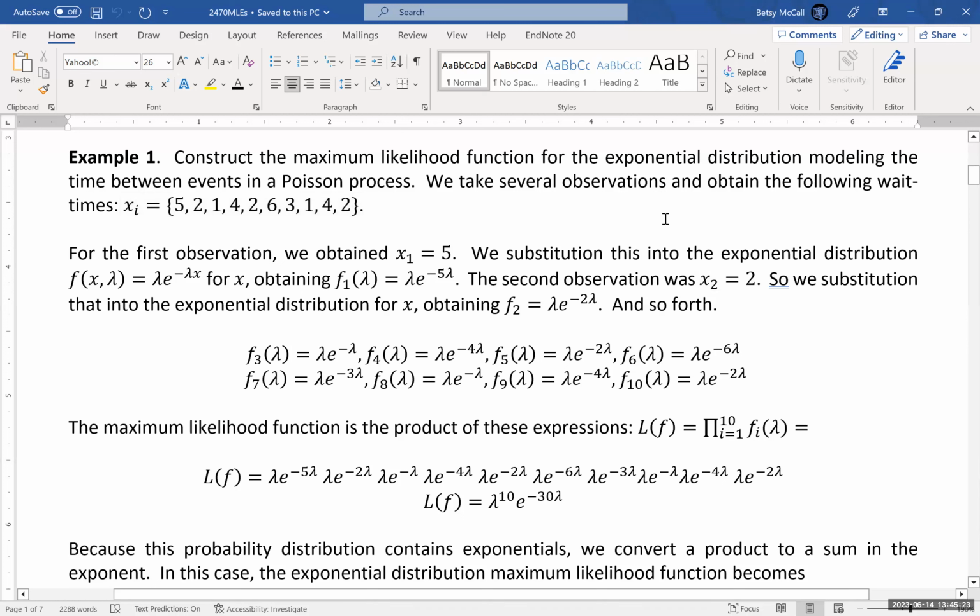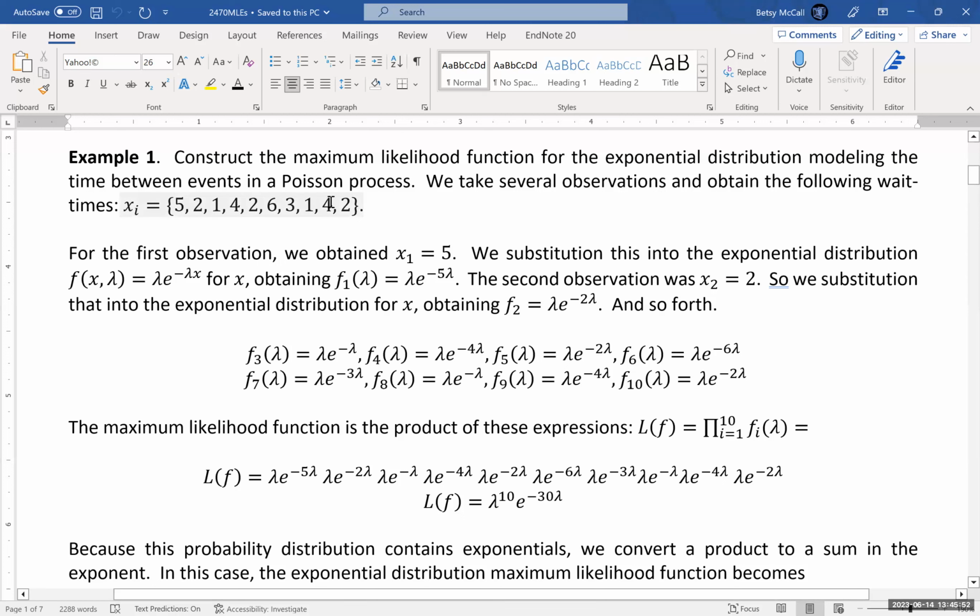So here we're again using the exponential distribution. We have these outcomes. We've watched the time between events, and I've made them integers here just to make the math a little easier. In a real-world example, of course, you would be measuring with decimals and things like that. But the math itself doesn't change. It's just the number of things you have to keep track of.